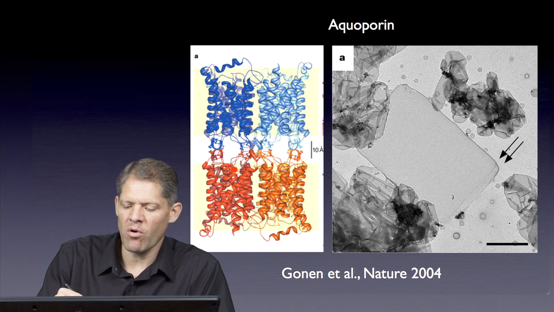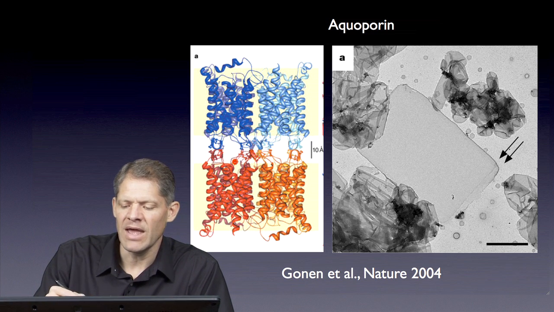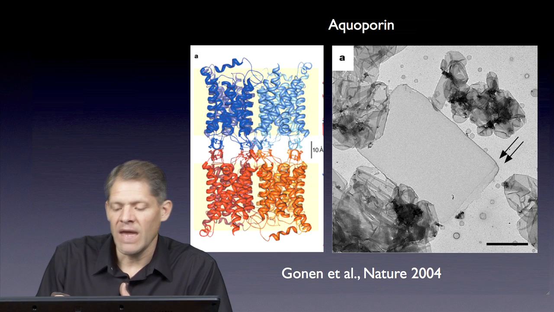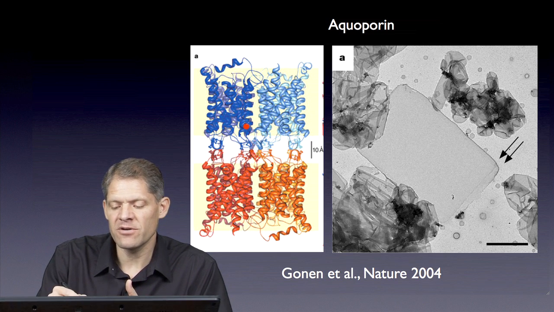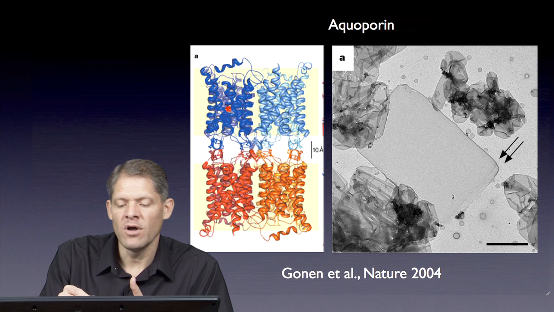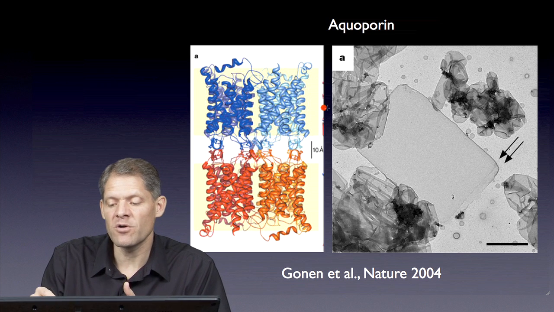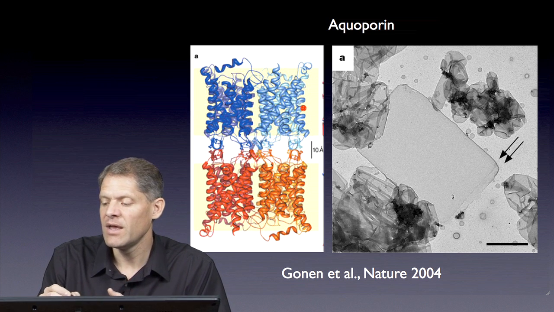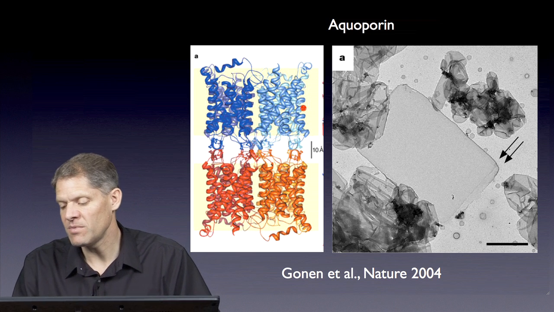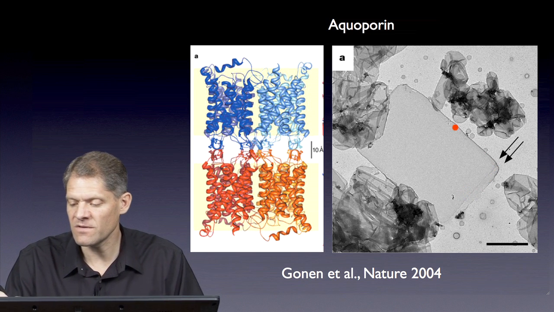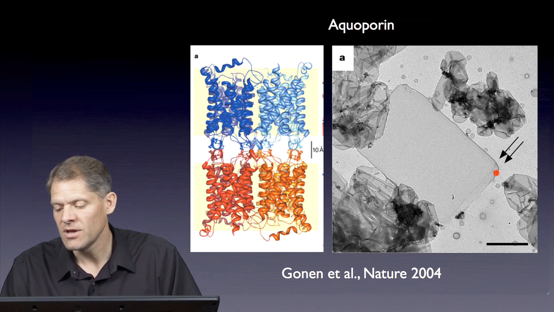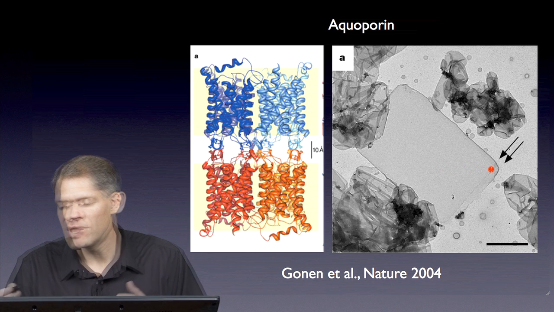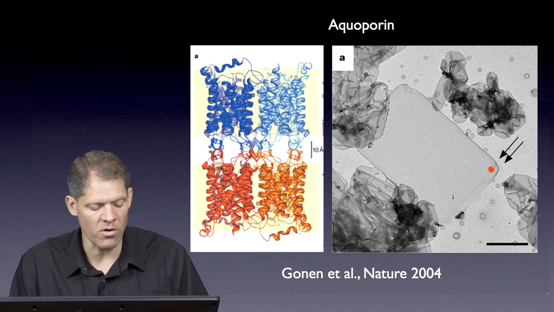Aquaporin is found to bind across these membranes. Here's one aquaporin molecule binding to one in the other membrane and linking them close together. In addition to linking close together across the membranes, they also self-assemble into well-ordered arrays within each membrane. Looking at them in the electron microscope, this is an aquaporin crystal. It's very flat and large, and the proteins are already well-ordered.